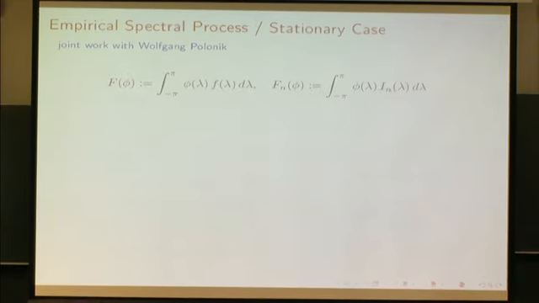Now, one really theoretical way of doing things is to look at the empirical spectral process. This is fairly theoretical, and I only want to touch it briefly. But somehow, and I will tell you later why, it's the key of locally stationary processes for quadratic statistics.